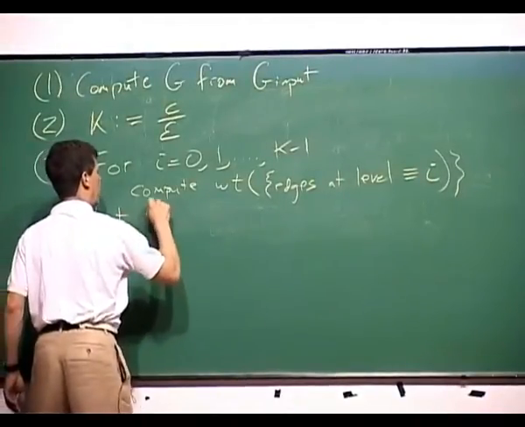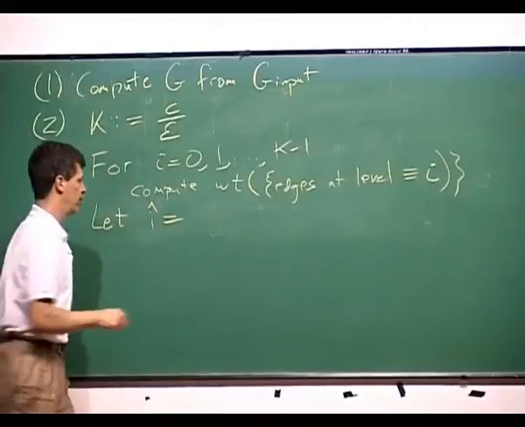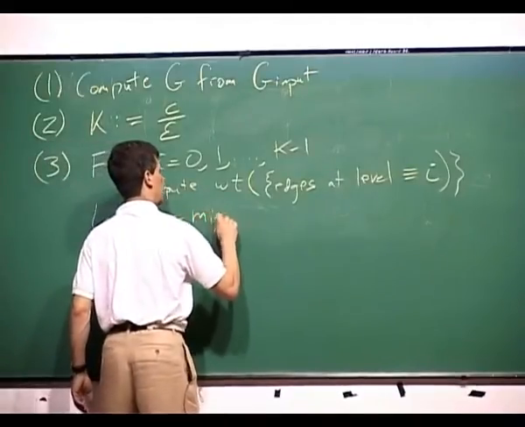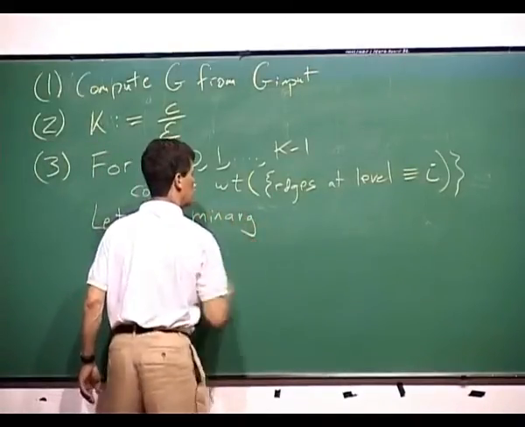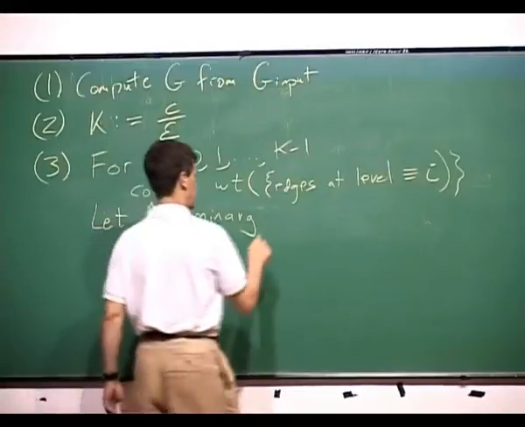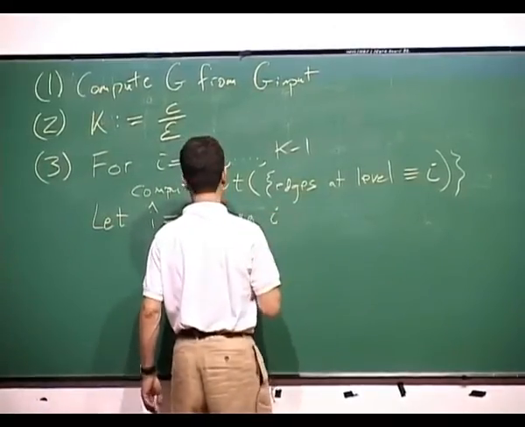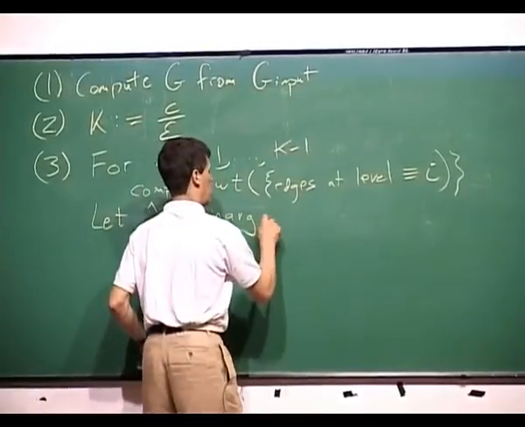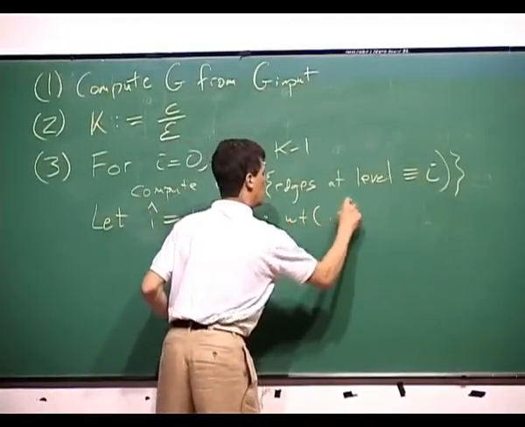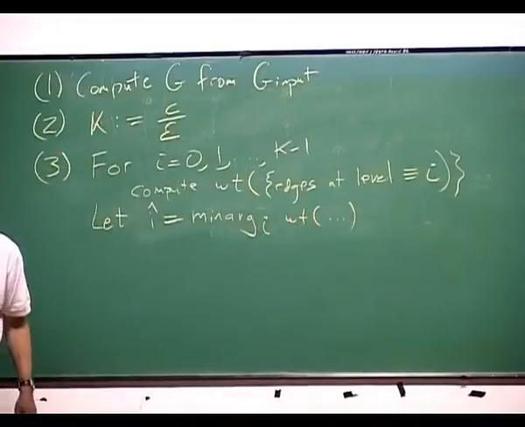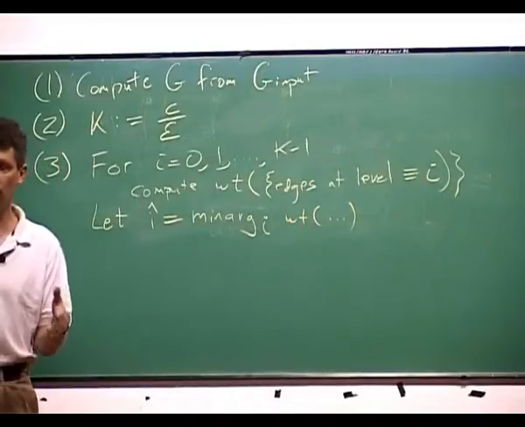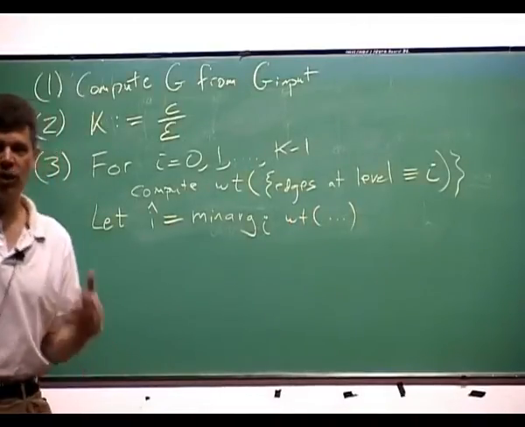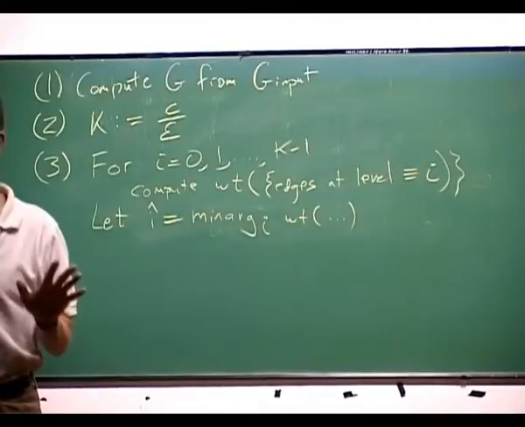And let i hat be whichever one achieves the smallest weight. So now we've got a set of edges with small weight, and it partitions things up.